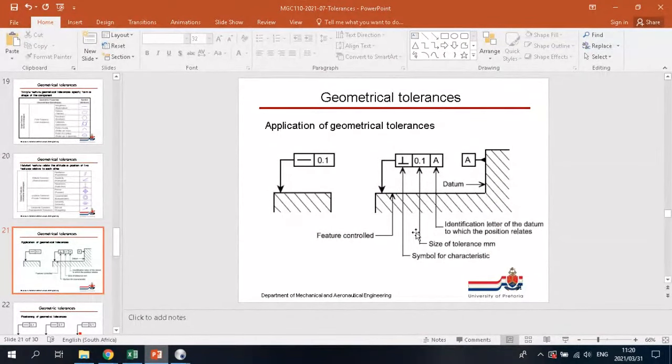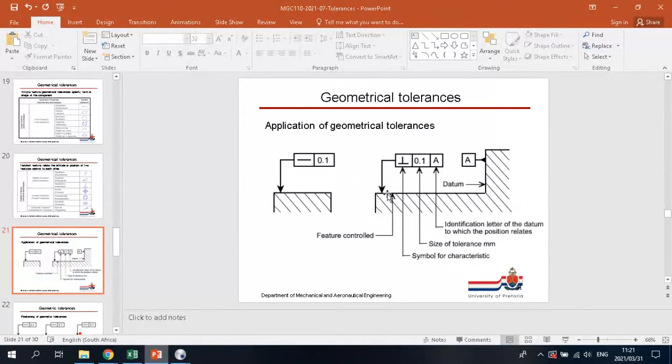So this is the way a geometric tolerance is indicated. You point to a surface, then you show the type of tolerance that you want it to be. This is a straightness tolerance. And in this case, the value is in millimeters again. So that is straightness within 0.1. You can do a related one.